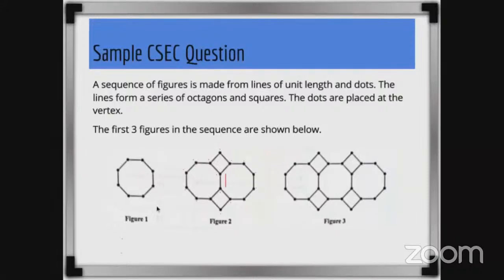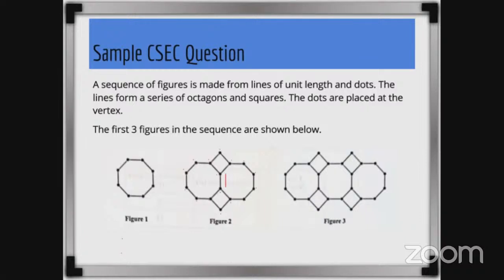All right. Let us look here to see what the perimeter is for the second shape. Let's count: 1, 2, 3, 4, 5, 6, 7, 8, 9, 10, 11, 12, 13, 14. So the perimeter for the second shape is 14.